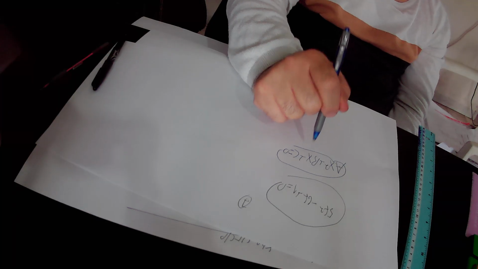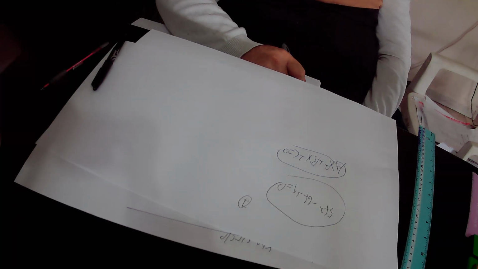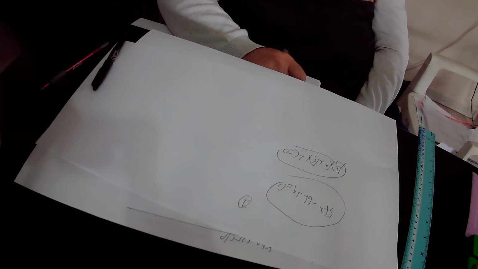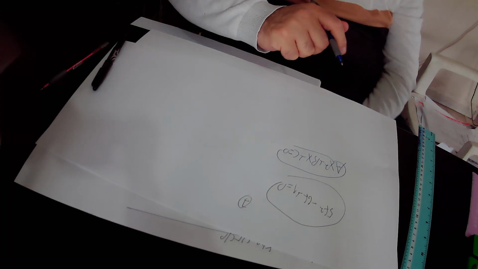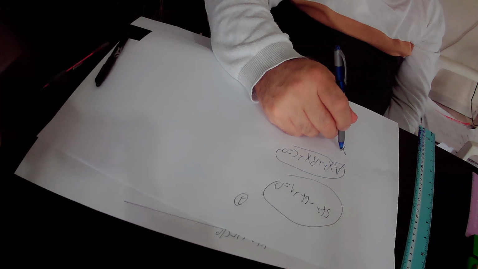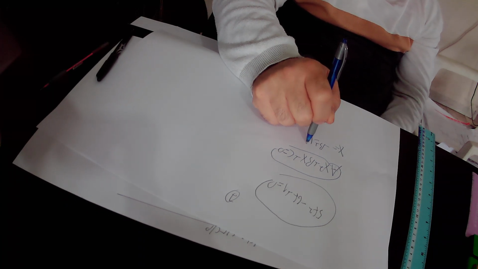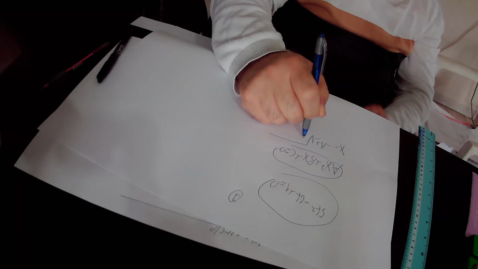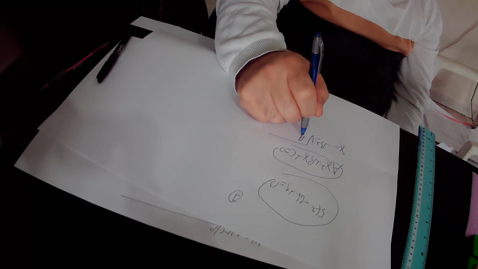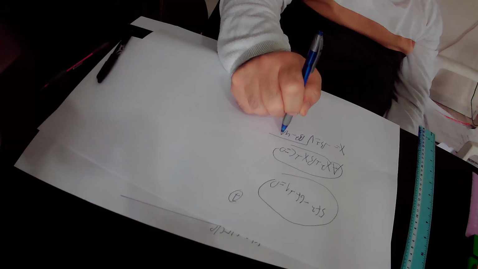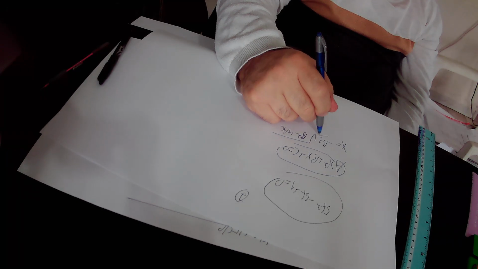A, b, and c are the coefficients of this quadratic equation, and x is the variable that we are looking for. And we find out the value of x according to the following formula. X equals minus b plus minus square root of b squared minus 4 times a times c over 2a.